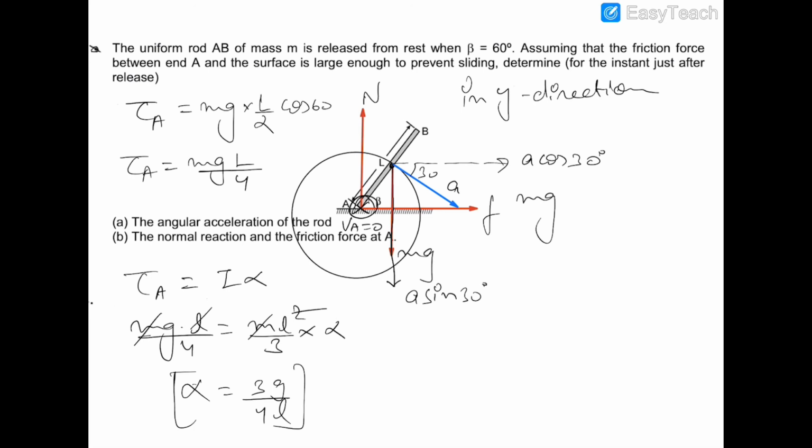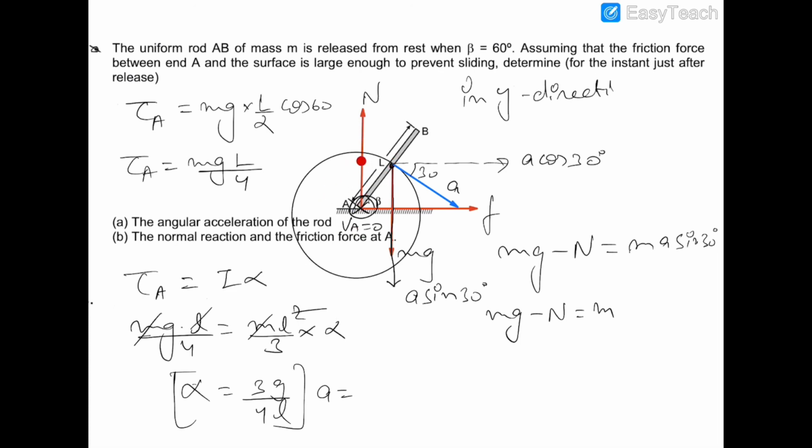So mg I'm writing it this side. This is mg minus normal reaction is equal to m into A sin 30. So mg minus N is equal to m into A, where A will be equal to L by 2 alpha. Alpha is the angular acceleration. So A will be equal to L by 2 into alpha.